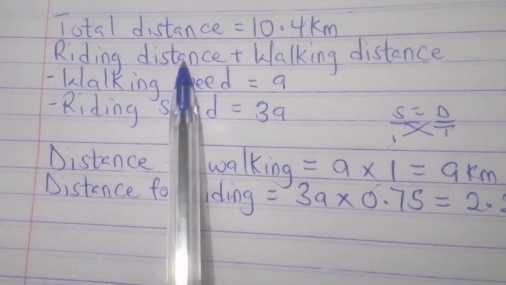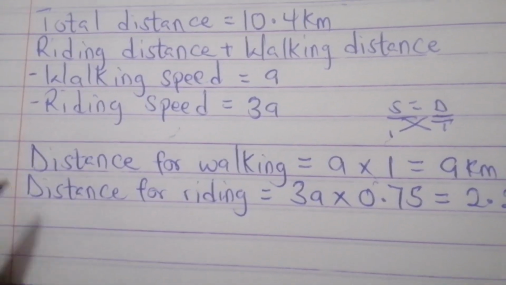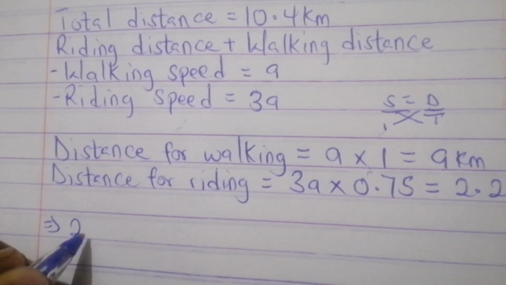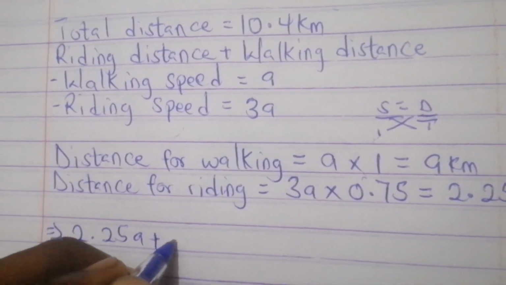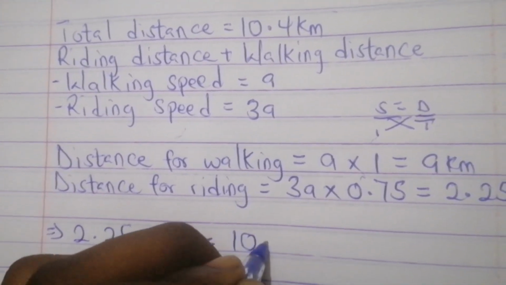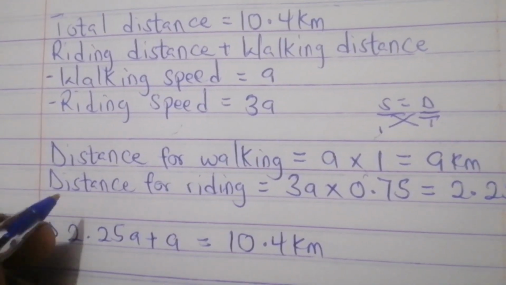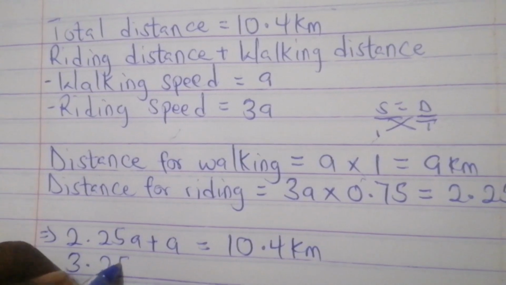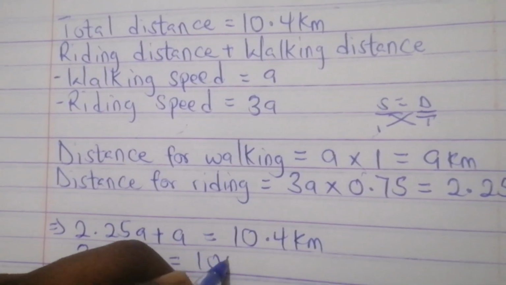Now we have the riding distance and we have the walking distance, and the sum gives you the total distance. So we are going to say that the riding distance, which is 2.25A, plus the walking distance, which is A, is equal to the total distance of 10.4 kilometers. 2.25A plus A will give you 3.25A is equal to 10.4.